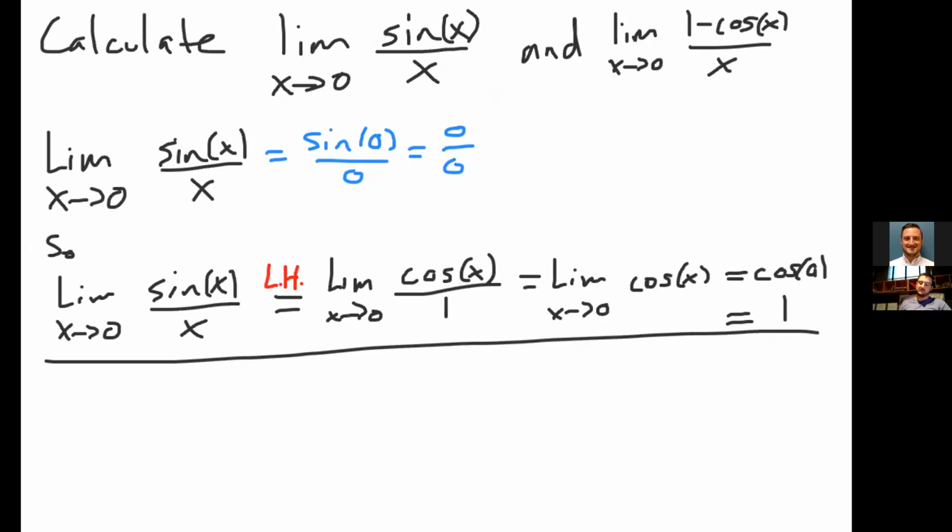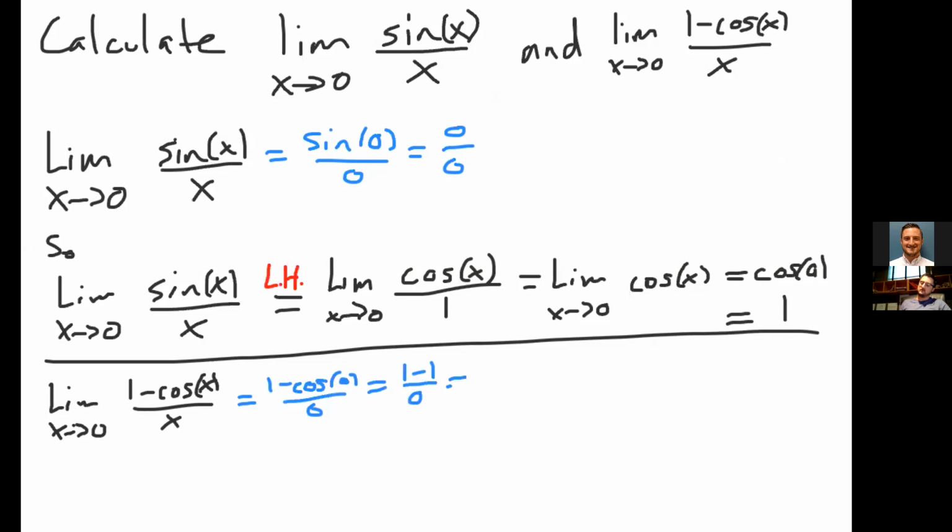this second one, if I do the limit as x approaches 0 of 1 minus cosine of x all over x, I plug in 0. This is going to be 1 minus cosine of 0 all over 0, which will give me 1 minus 1 over 0, which, hey, again, turns into 0 over 0.